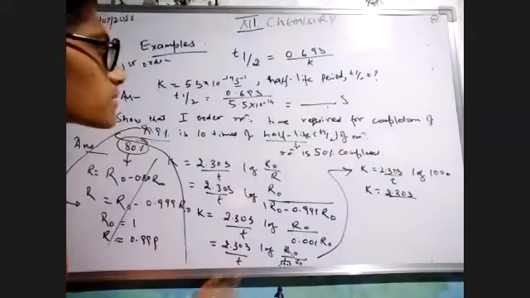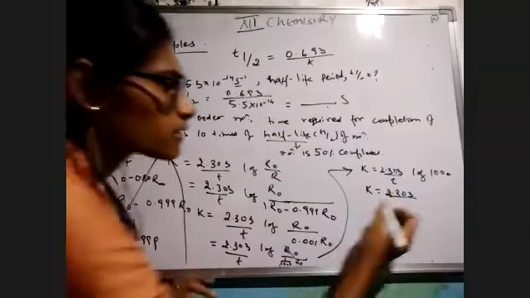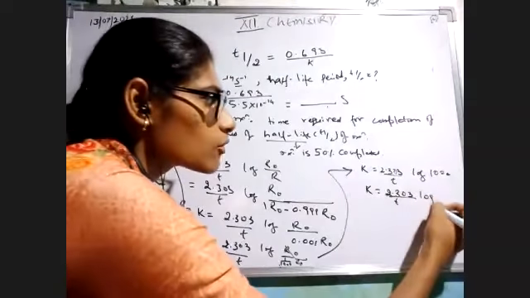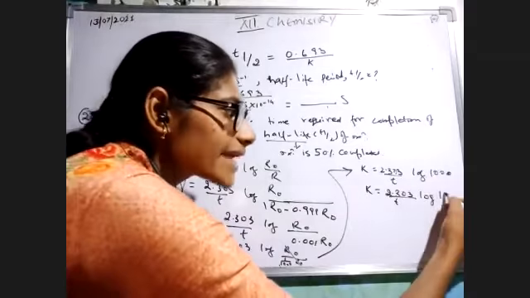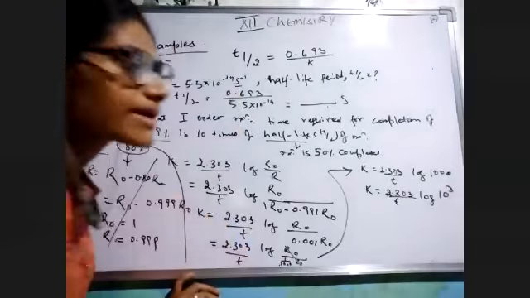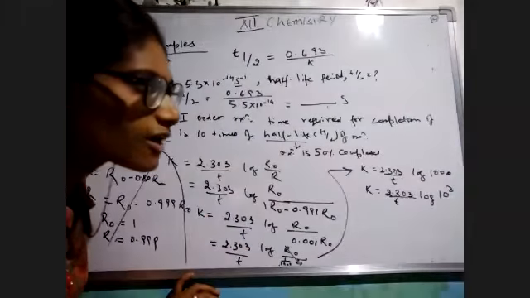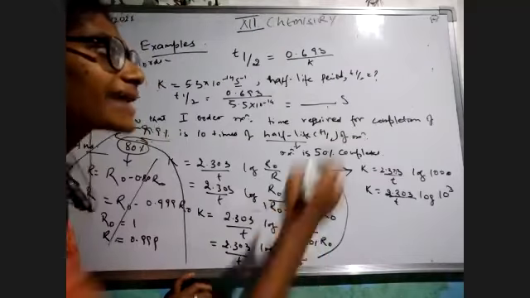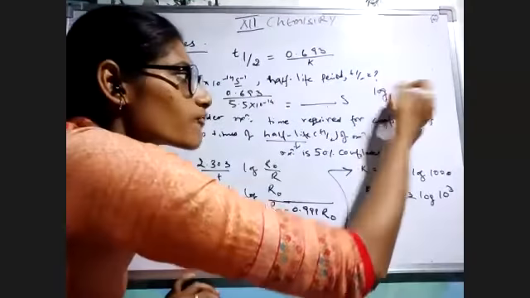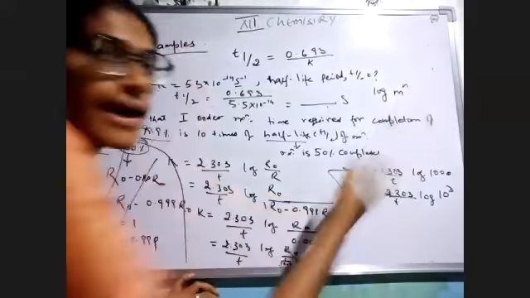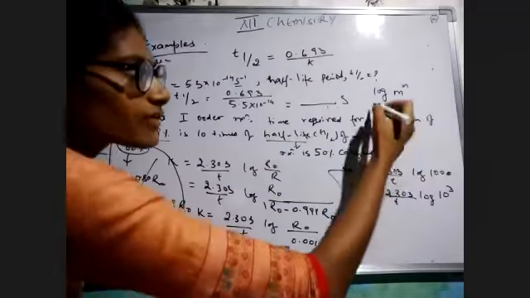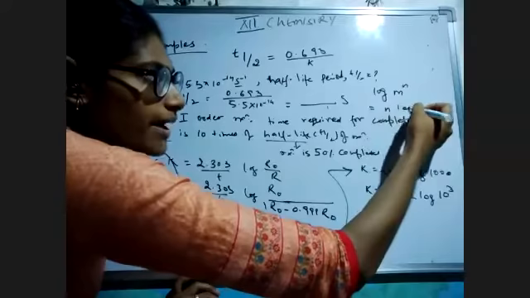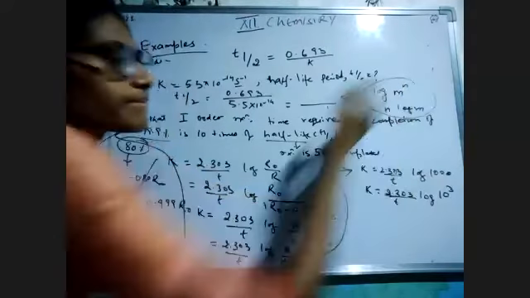This time given to us. 1000 means 10 raised to power 3. Yes or no? Definitely. 1000 means 10 raised to power 3. And according to the formula of log, if we have log m raised to the power n, we will get n log m. Right?